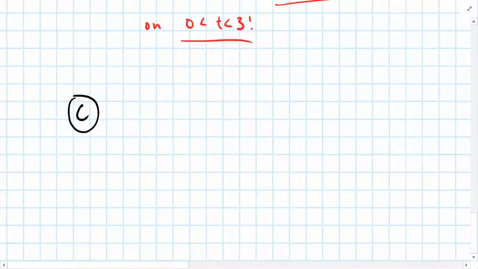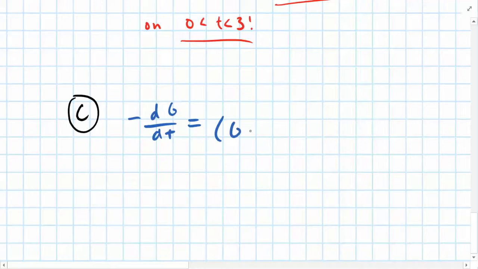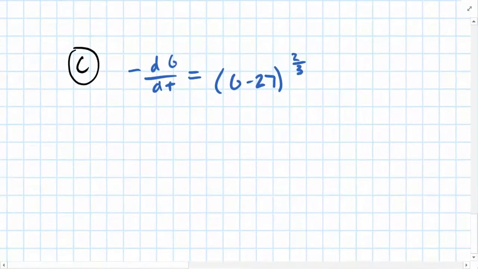So according to this model, negative dg dt equals g minus 27 to the 2/3. First thing we do, separate variables.